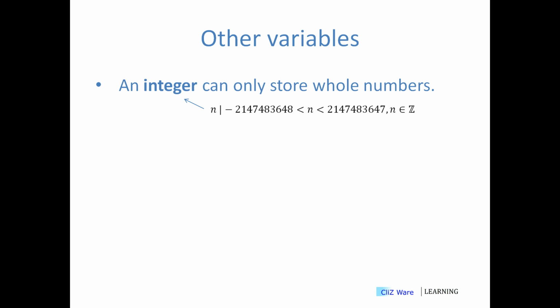So you have specific boundaries. If you look at an integer, this is some sort of set notation, n such that, and then we have these boundaries, from a negative really big number to a positive number of the same kind, as long as n is in the set of integers.